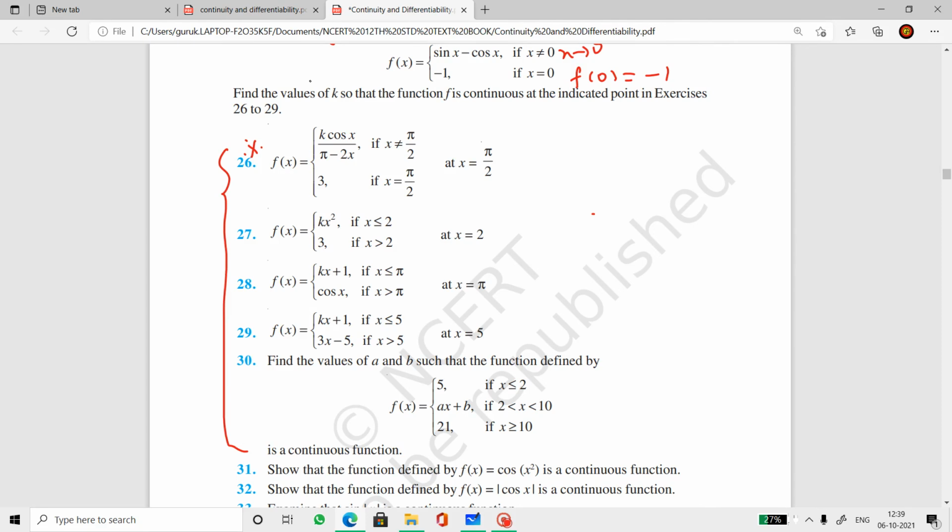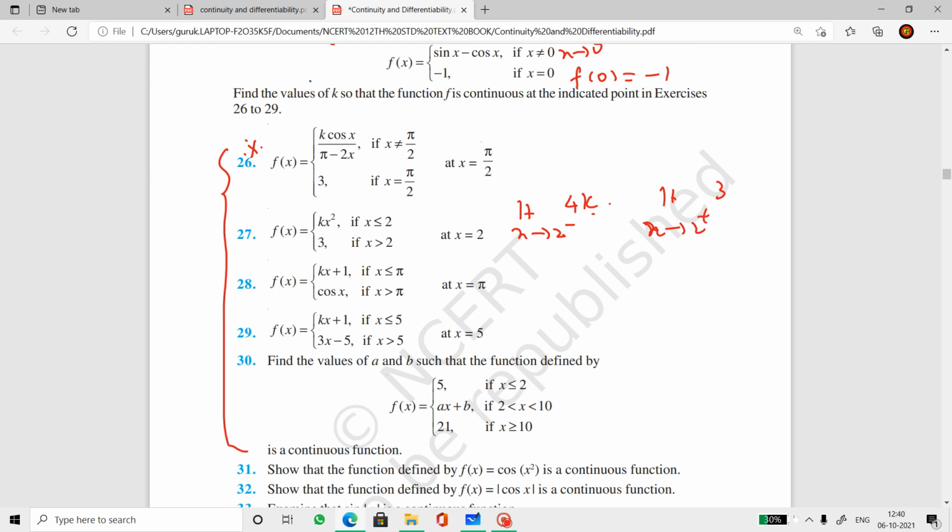These are really simple, not like the 26th one. So here limit x tends to 2, LHL at 2 minus will be 4k, and limit x tends to 2 plus, RHL, will be 3, and it is said it is continuous at 2.